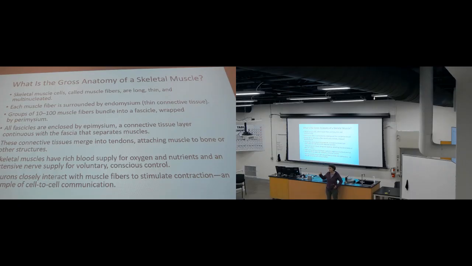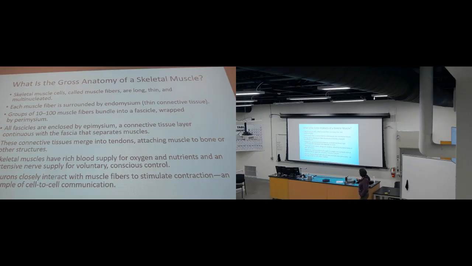And these band patterns correspond to proteins inside these muscle cells, proteins like myosin and actin. When you shine light in a microscopic view of these muscles, the light can go through and create light bands, and then the light doesn't pass as much and creates what we call dark bands. And then you have alternation of dark bands and light bands. And that forms this pattern of bands or striations.